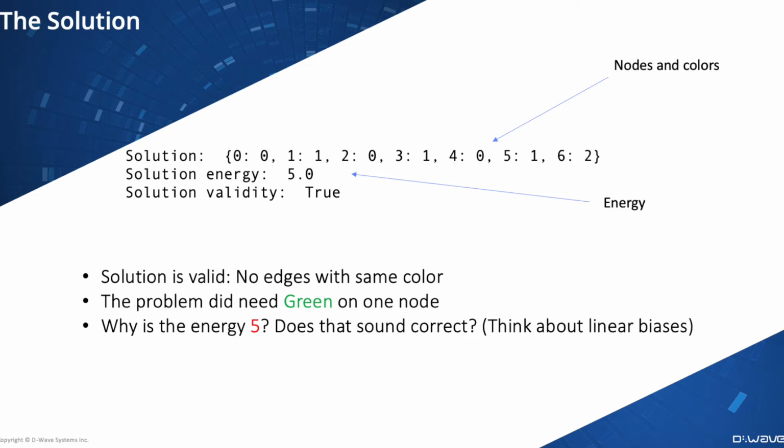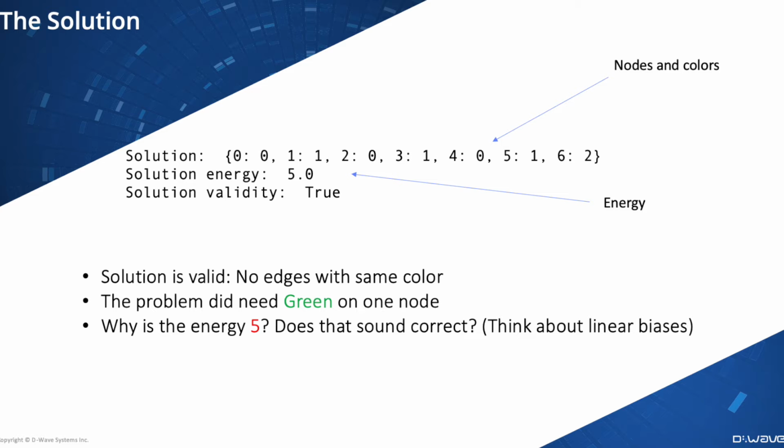That was arbitrary, but that's what we did. So the use of 0 doesn't cost us anything. The use of 1 costs us 1, and the use of 2 costs us 2. And so you'll see in there for the 7 nodes, we used 1 3 times, and we used 2 1 time, and so the total is 5. And the energy checks out, and woohoo, we've got a valid solution.